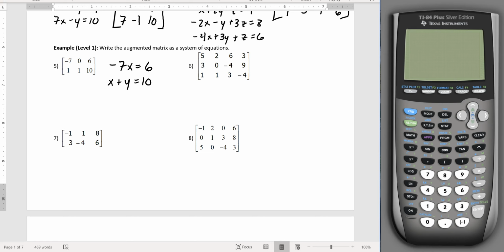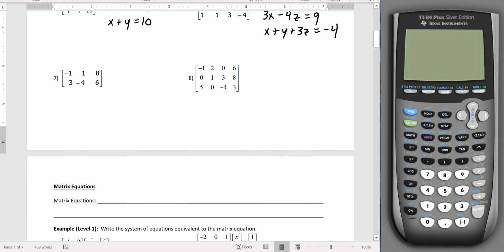Now if it's a 3 by 4, we assume that this first column is x, this is y, z, and the constant. So we would have 5x plus 2y plus 6z equals 3. 3x minus 4z is 9. And let's see, x plus y plus 3z equals negative 4. There we go.